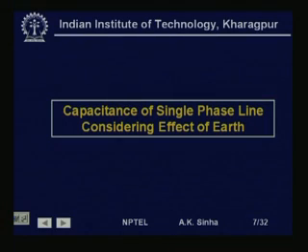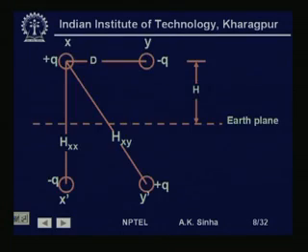So, capacitance of a single phase line considering the effect of earth. Now, here we have a single phase line with two conductors x and y placed at a distance d. The conductors have radii r x and r y.